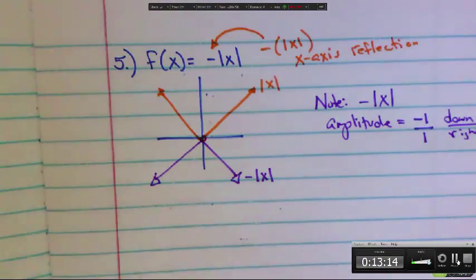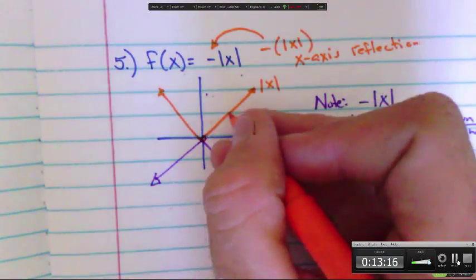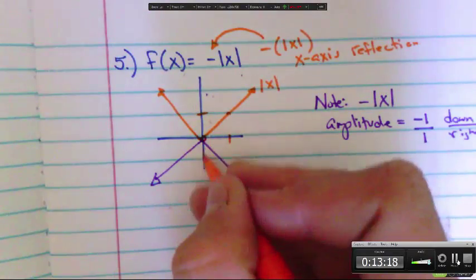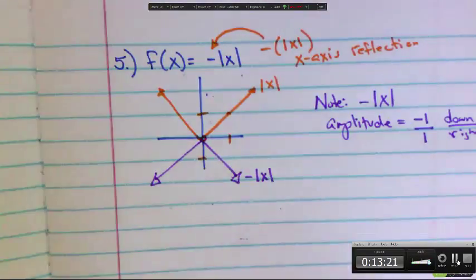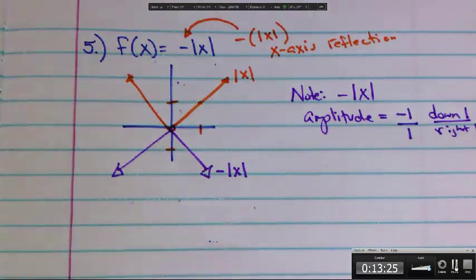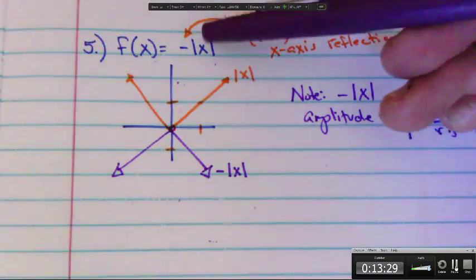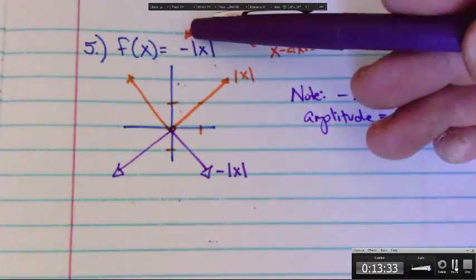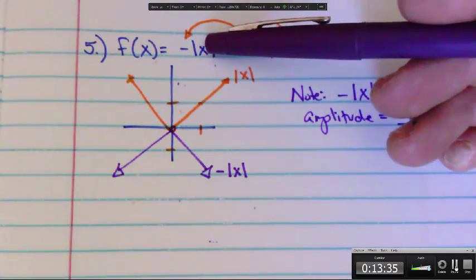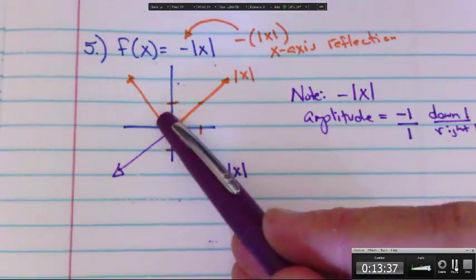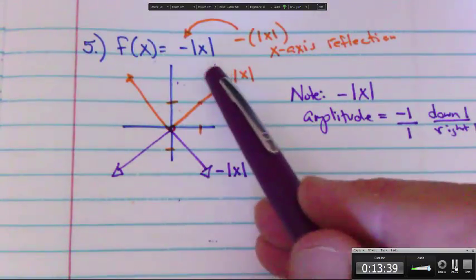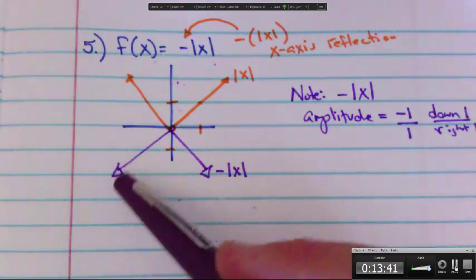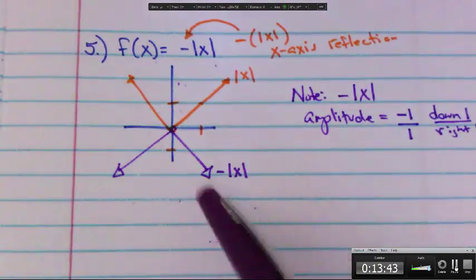So rather than going up 1, right 1, we're now going to go down 1, right 1. So one thing that can be said about the amplitude being negative 1 is we can also think of this negative as a direction of opening. So when it's just the absolute value of x, just the parent function, it opens up. But when you negate it, it causes the absolute value function to then open down.